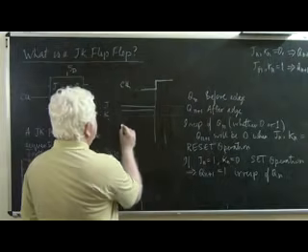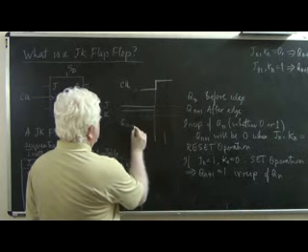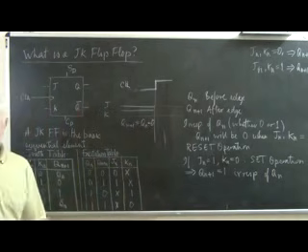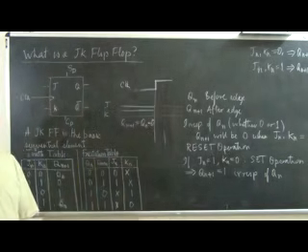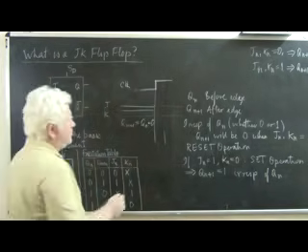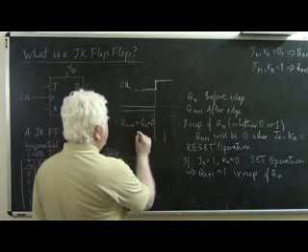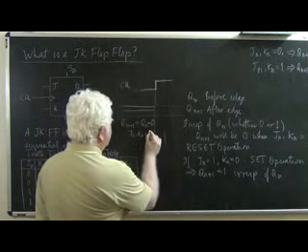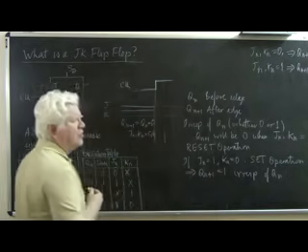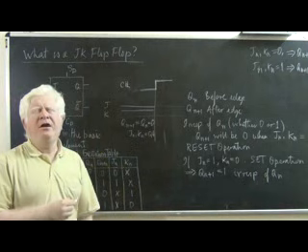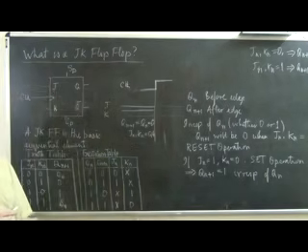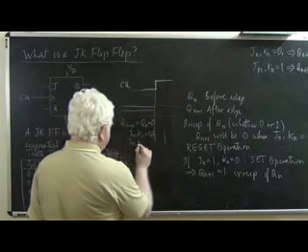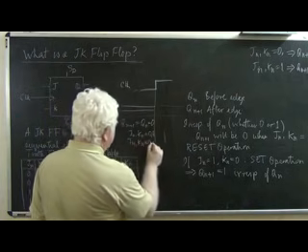So if Qn plus 1 equals Qn equal to 0, this can be looked upon as either a reset operation where you would say Jn, Kn are 0 and 1, or you could look at it as a maintain operation, which is obtained by saying Jn and Kn are equal to 0 and 0.